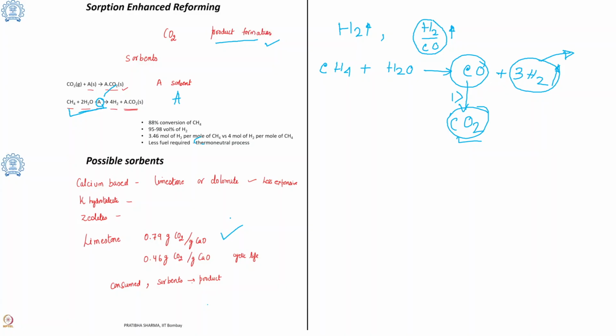There are different adsorbents used, and one is limestone. CaO is a very good adsorbent. CaO adsorbs carbon dioxide, CO2, and produces CaCO3.